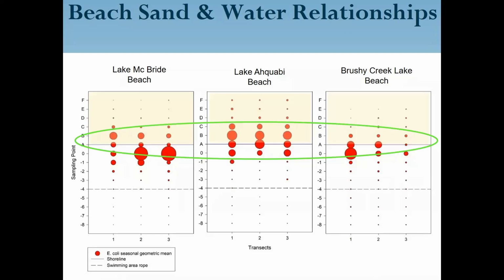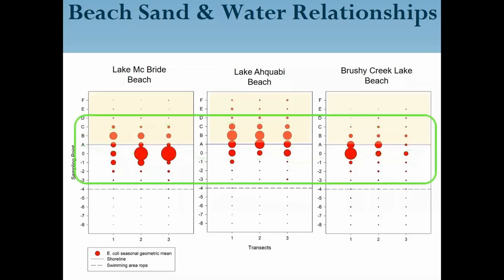So in the terrestrial zone, we saw a decrease in bacteria as you moved upshore, and in the water, we saw a decrease as you moved out. And this zone, in tight proximity to the swimming area, has very high bacteria concentrations. So that terrestrial zone contains large quantities of bacteria.